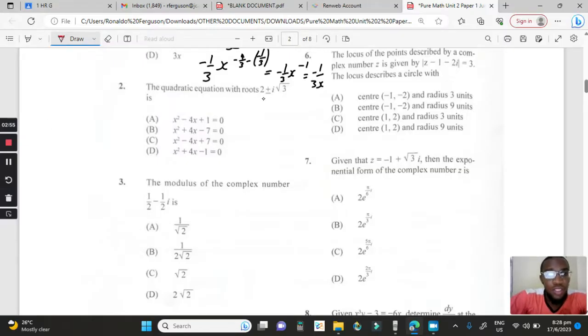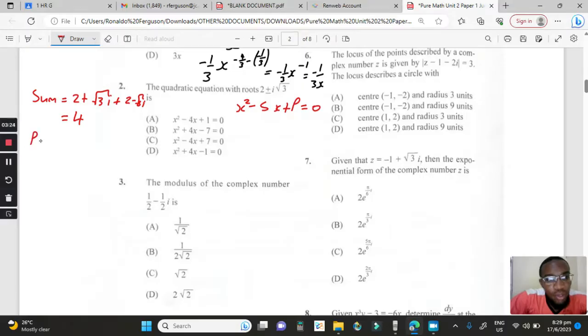Now these are the roots, and they want the quadratic. So remember, the quadratic is x squared minus the sum of the roots times x plus the product equals 0. So the sum is going to be equal to 2 plus root 3i plus the occurring conjugate pair, 2 minus root 3i. 2 plus 2 is 4, so the sum is 4.